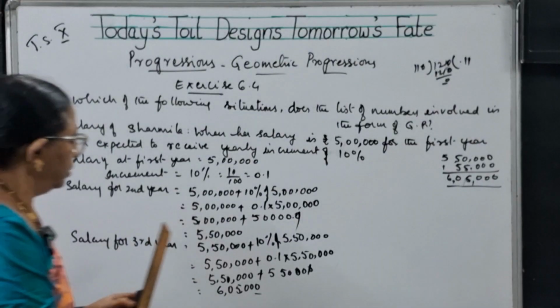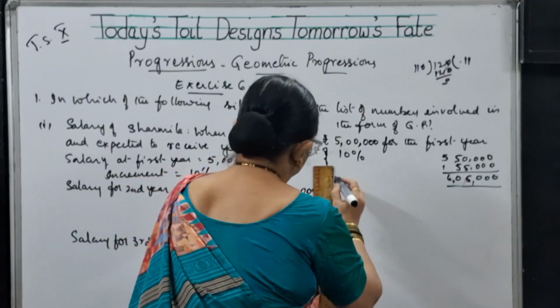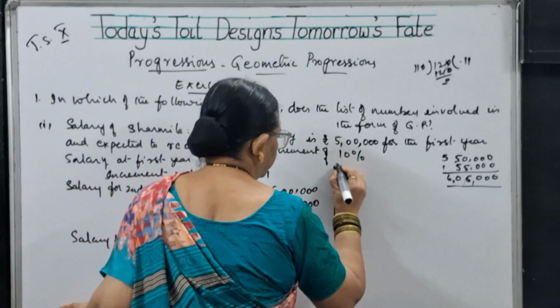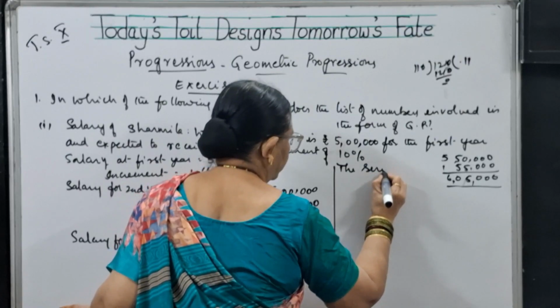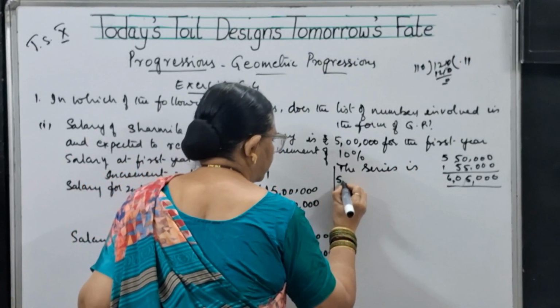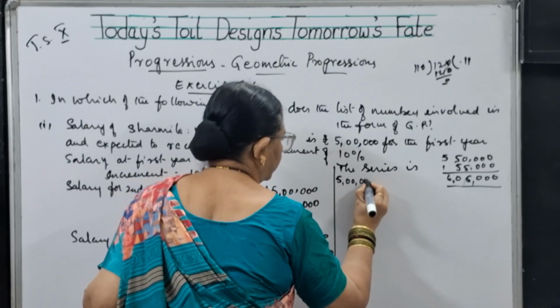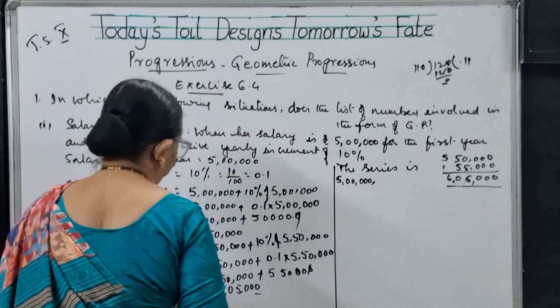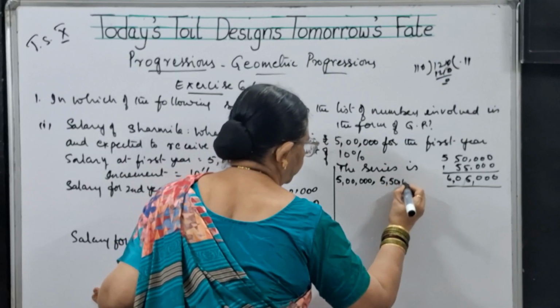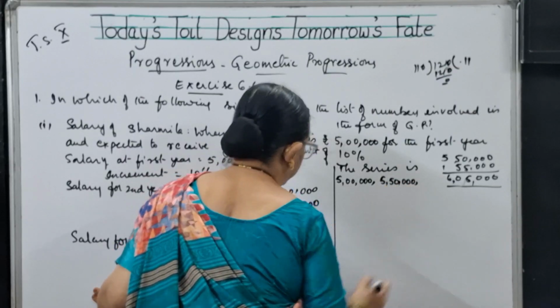Now let us write the series of what we have got here. A1 is 5 lakhs. A2 is 5 lakhs 50,000.